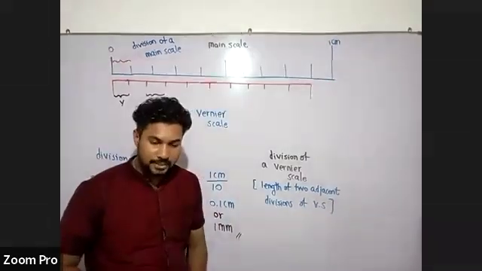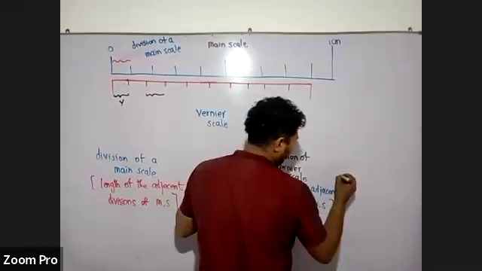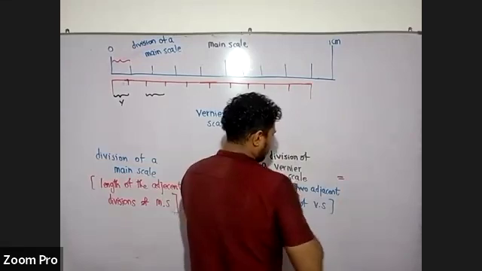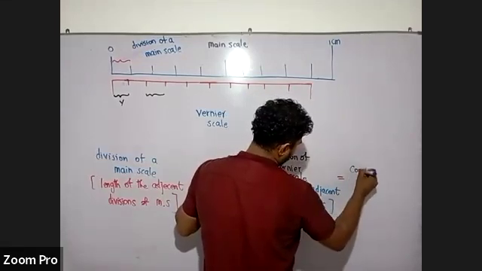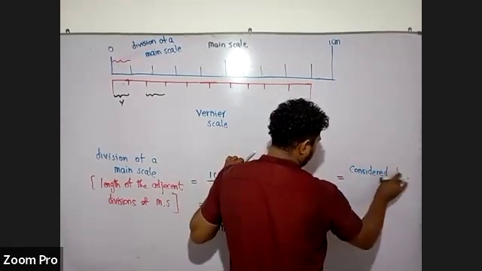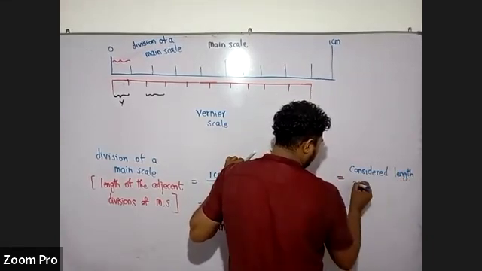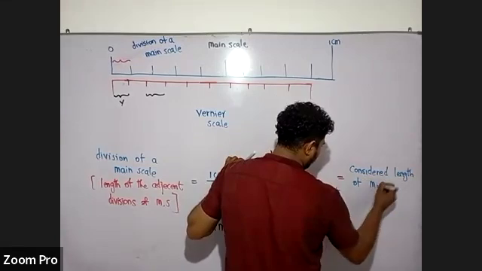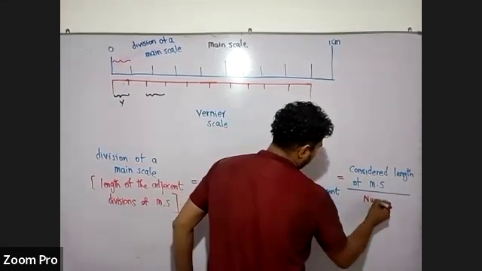I'm using VS to represent the Vernier scale, right? The division of a Vernier scale can be obtained by considering the length of the main scale divided by the number of vernier divisions.